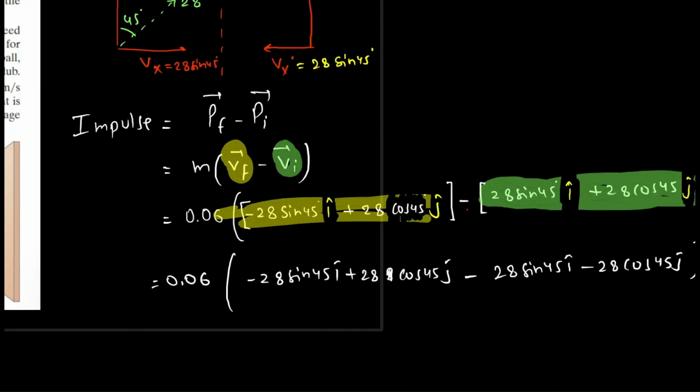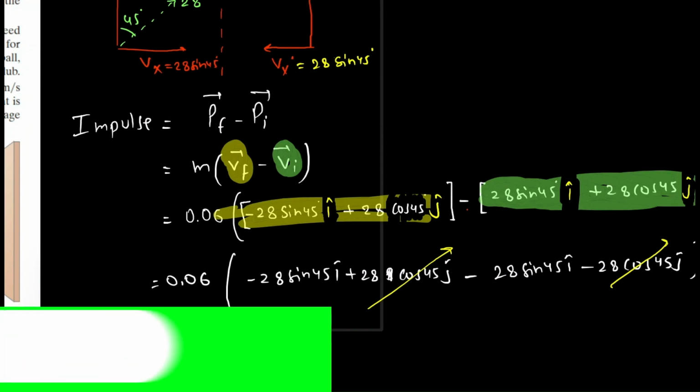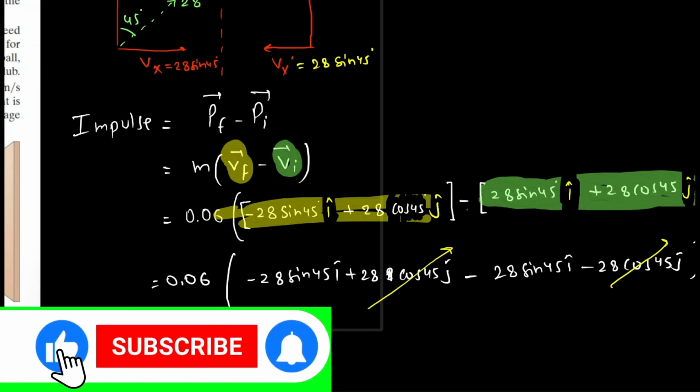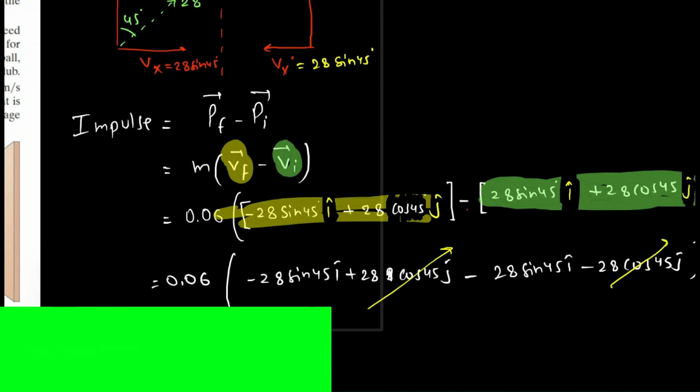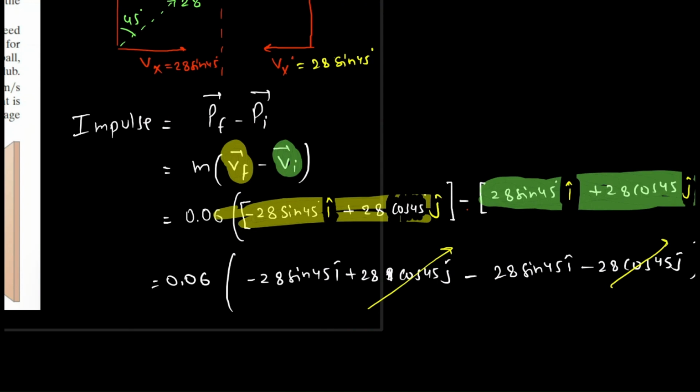And if we notice carefully, these two are gone. Sine 45 I cap plus 28 cos 45 j cap, minus 28 sin 45 I cap, minus.